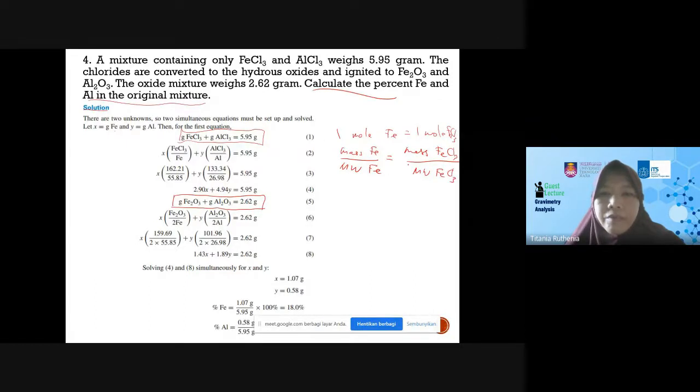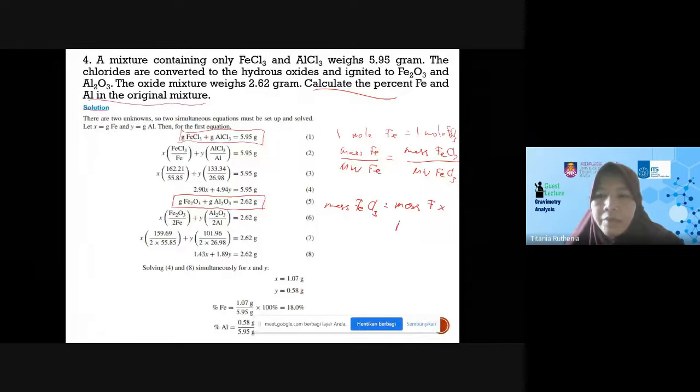So if we want to find the mass of FeCl3, it becomes the mass of Fe times the molecular weight of FeCl3 divided by the molecular weight of Fe.